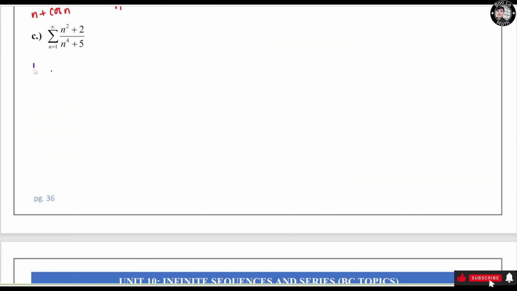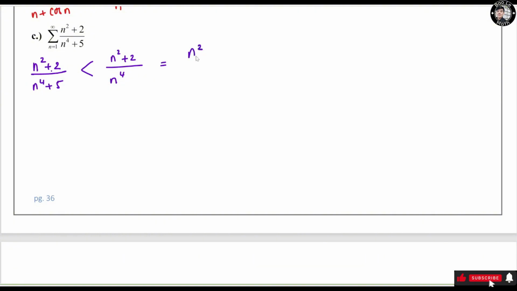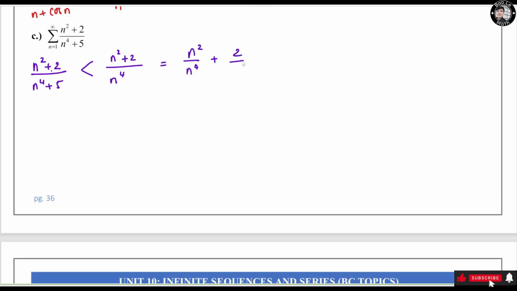So we have n squared plus 2 over n to the 4 plus 5 is going to be less than n squared plus 2 over n to the 4, right? You can drop the 5, right? So this guy can be written as n squared over n to the 4 plus 2 over n to the 4.